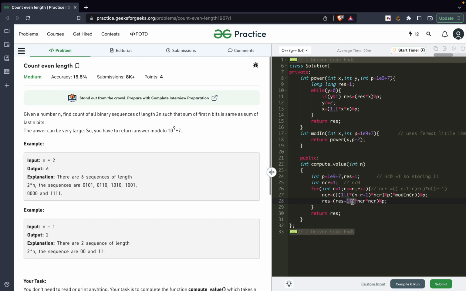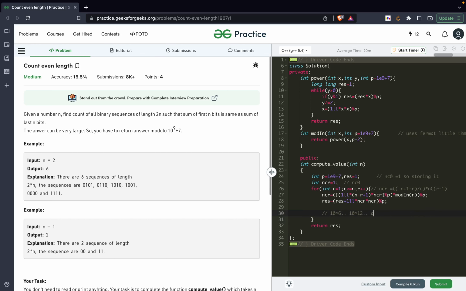The only reason I have mentioned this 1LL over here, you can see, is to avoid overflows. What happens is that when you perform any sort of multiplication, there's a possibility that it overflows. Let's say our nCr was somewhere around 1 with 6 zeros, so basically 10 to the power 6. Now as soon as I perform nCr into nCr, it would become 10 to the power 12.